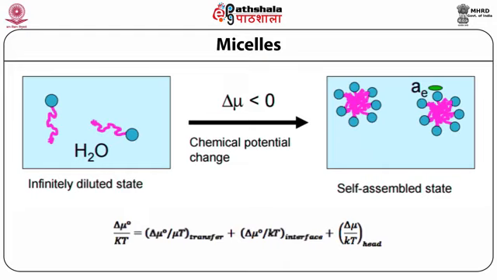The transfer term will result from minimizing the contact between tail and water. The interface term arises out of the residual contact between non-polar tail and water. The last term represents a repulsion between polar heads. To sum up, the model stated that the tail transfer decides the aggregation. Residual contact parameter promotes the association, and head repulsion restricts the association.